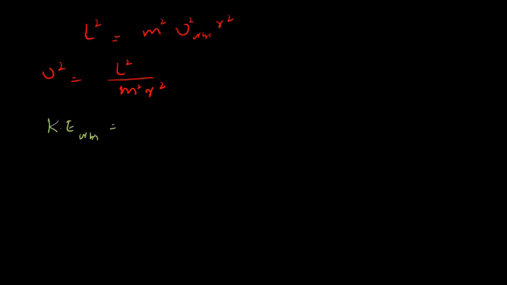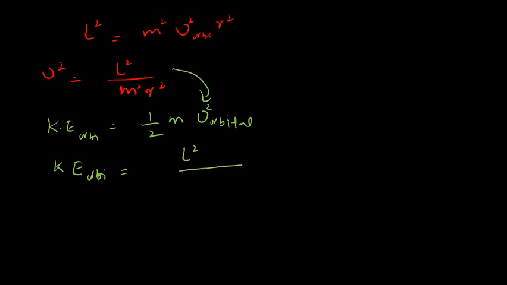Kinetic energy orbital is equal to 1/2 m v squared orbital. So putting the value of v squared in this equation, we will get the kinetic energy orbital equal to L squared over 2 m r squared.